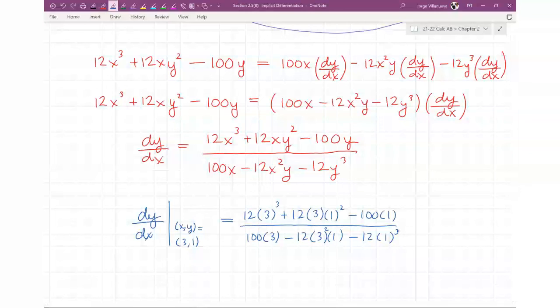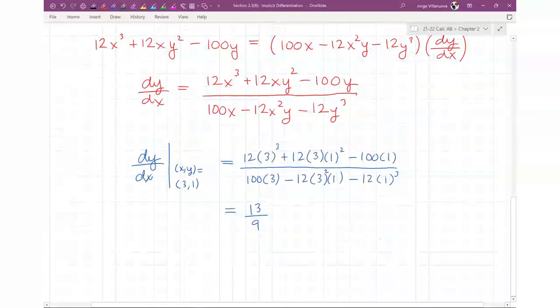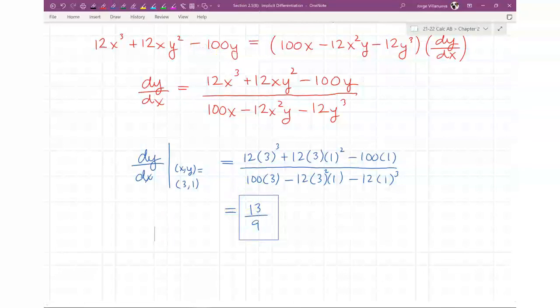Punch that into your calculator, and once you're done, this is what you get: 13/9. That's your slope, not your derivative. That's the slope of that function at the point (3, 1).